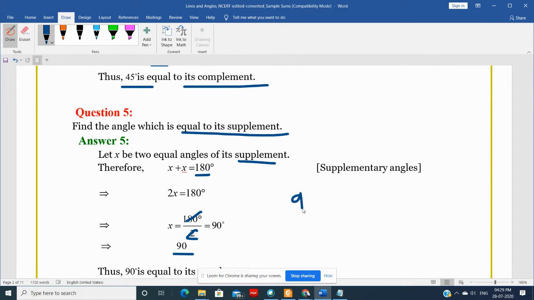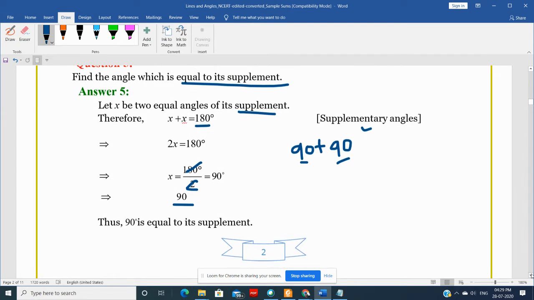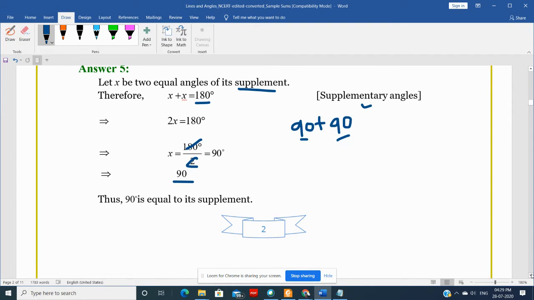So when we have two same angles and they sum up to supplementary, that is 180, it means that both the angles are 90. Alright, that is a right angle. Now let's quickly take one more.